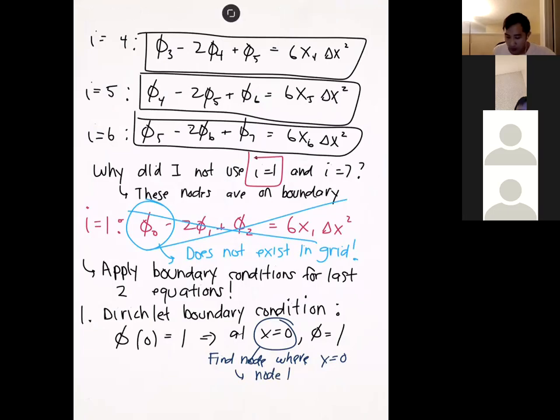To apply this boundary condition, we are basically saying that the solution must take a value of 1 at the leftmost part of the domain. Mathematically, we can say that phi 1, our solution at node 1, has to equal 1. Believe it or not, this is an equation. This is equation 6.